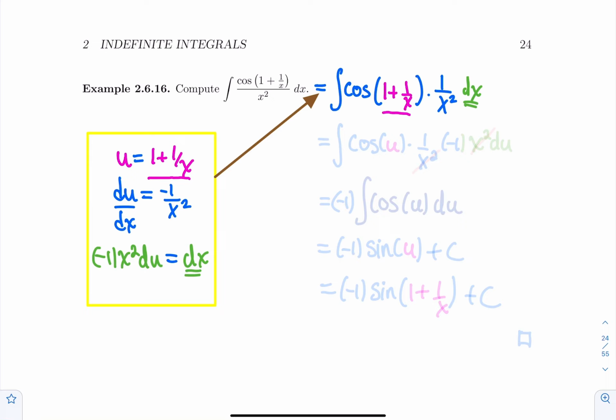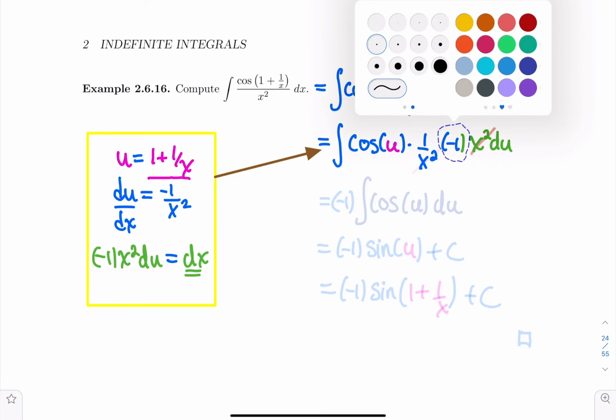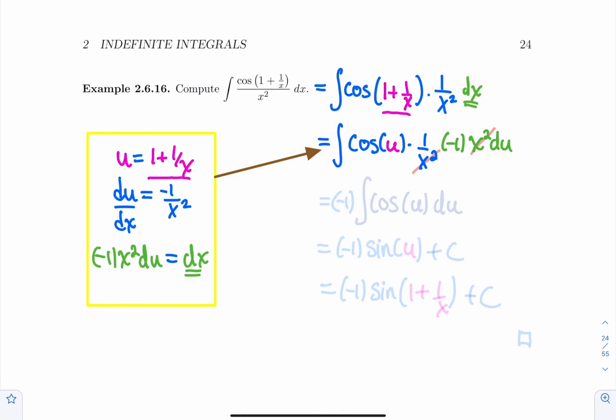So if you apply your substitution, this integral becomes the integral of cos of u times 1 over x squared, and then dx is minus x squared du. This is where the magic begins. x squared over x squared, bye-bye. You can put the minus 1 outside. I like to put the coefficients outside. It's up to you, of course. So here we have the integral of cos of u du.